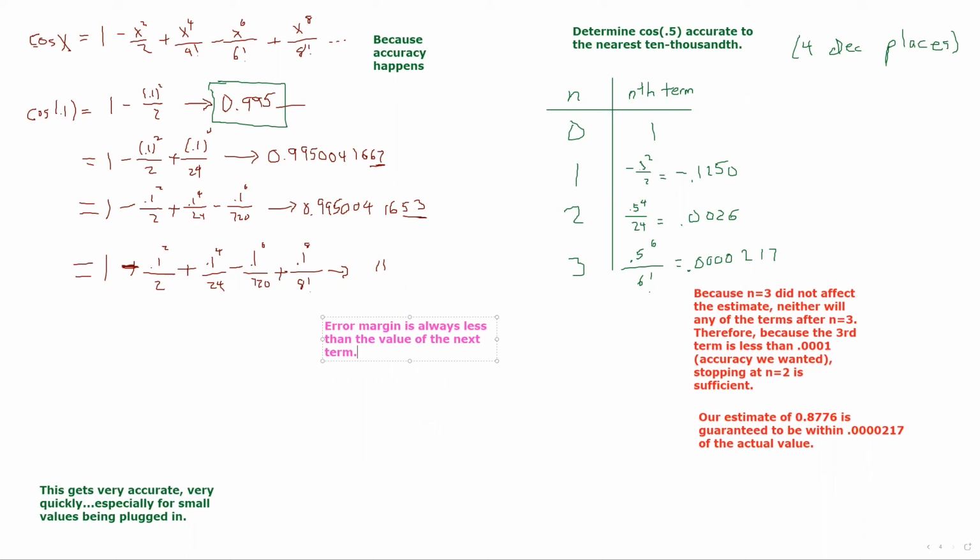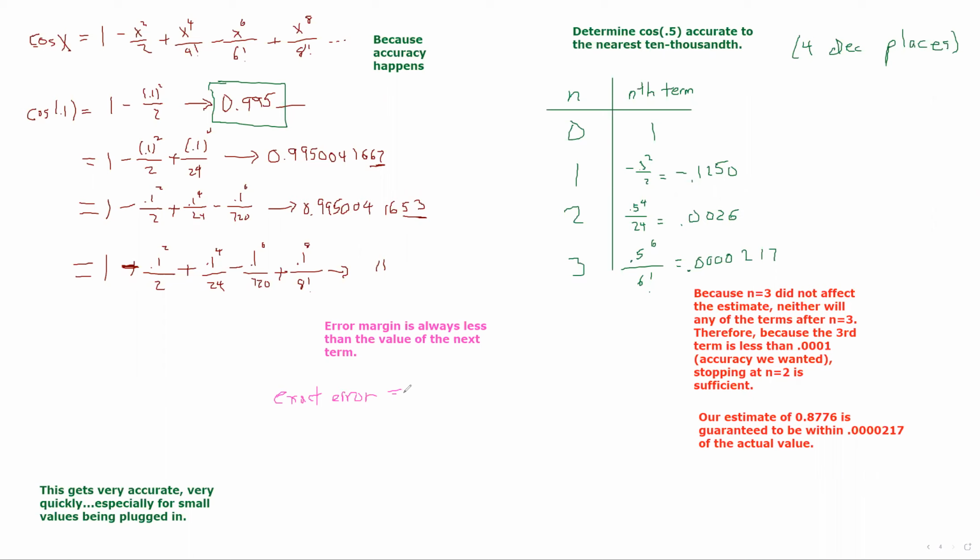I guess if you keep adding, what you say is that you are, yeah, well, I mean, this is the way that it's usually expressed. So what we say is that the error margin, the exact error, there's a fancy way we write this, and if you don't feel comfortable with this, don't worry about it.